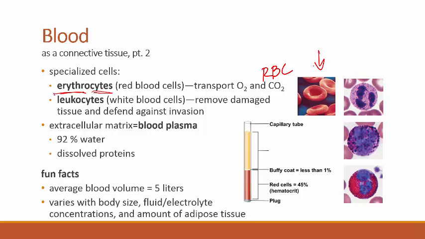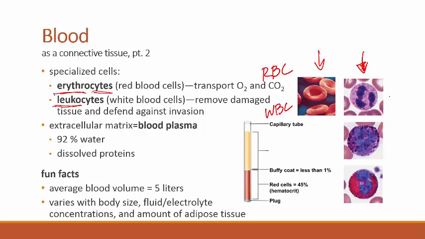And leukocytes, these are the white blood cells. Leuko means white. And again, if you're looking for an abbreviation, WBC is what I would use. White blood cells are the ones that are involved in immune function and in cleaning up, removing damaged tissues. And here are some examples, some images.